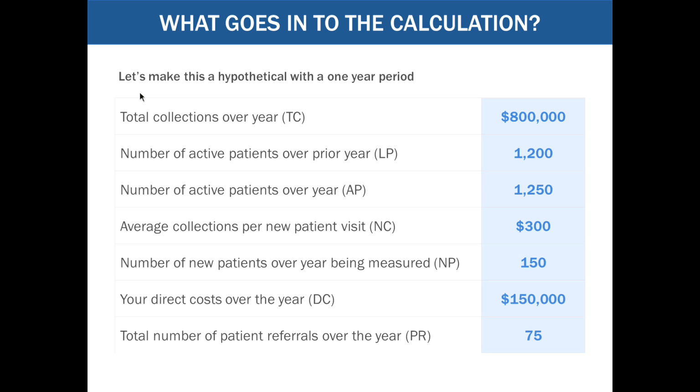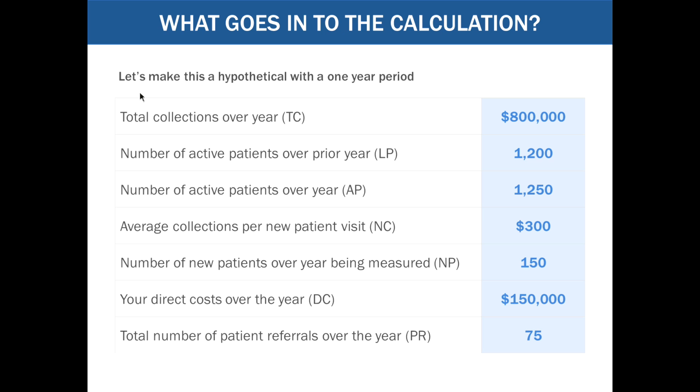So we actually have a hypothetical practice that could very well be a real practice out there. $800,000 in collections every year. It's probably the average single owner single location dental practice. You may have been struggling for a while to kind of break into that $1 million a year practice.